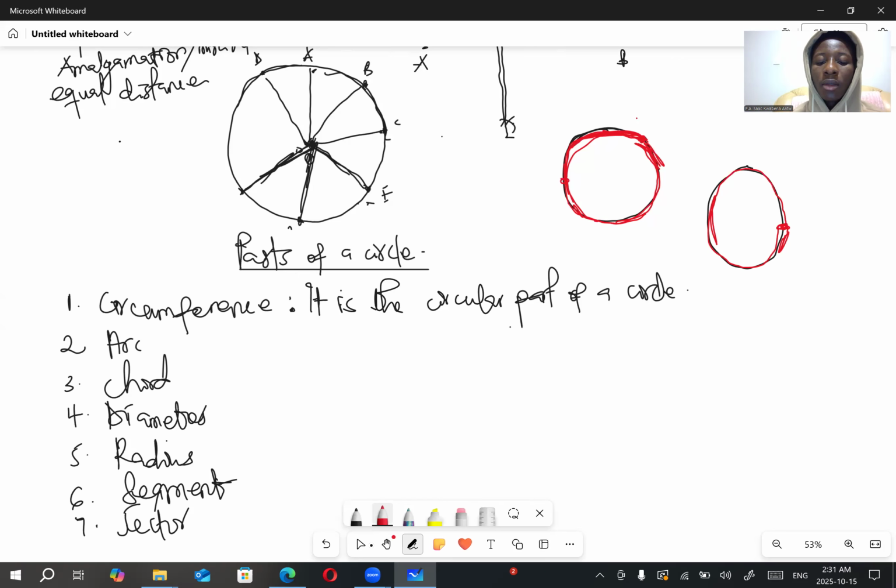Because it's everything, another name we give to the circumference of a circle is the perimeter. So if you ever meet this, the perimeter of a circle is the same as the circumference of a circle. Can we move on? Yes.